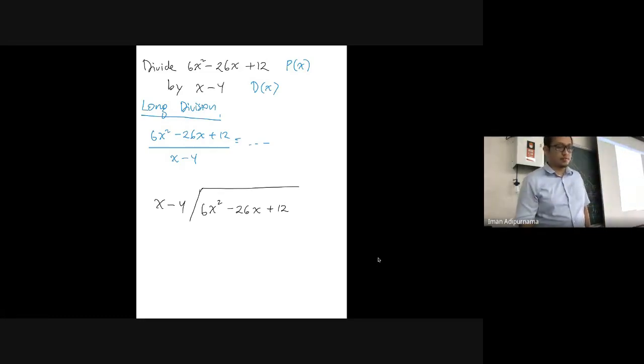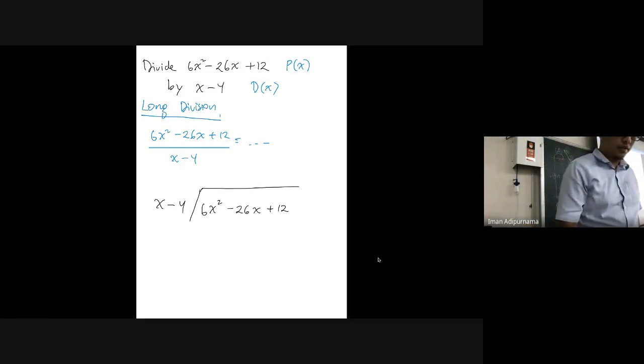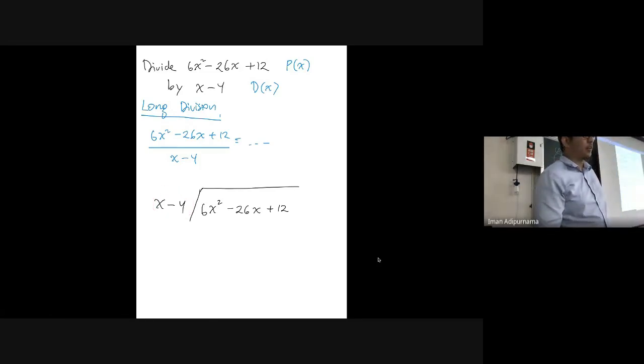So let's just do the division. This is x minus 4, and the first thing is you see the 6x squared. You need to multiply x minus 4 by something, so multiply by 6x.